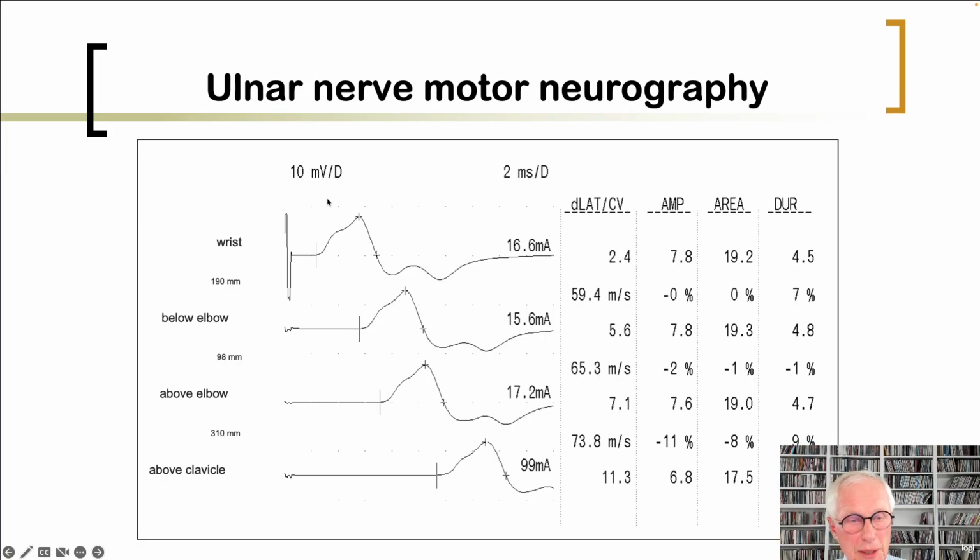And usually we get nice similar responses from all the stimulation sites. You can see that the amplitude doesn't change very much. Here we are stimulating at the wrist, below elbow, above elbow. When you go up to the supraclavicular region, the amplitude drops a little because the distance is much longer here, so we see more dispersion.